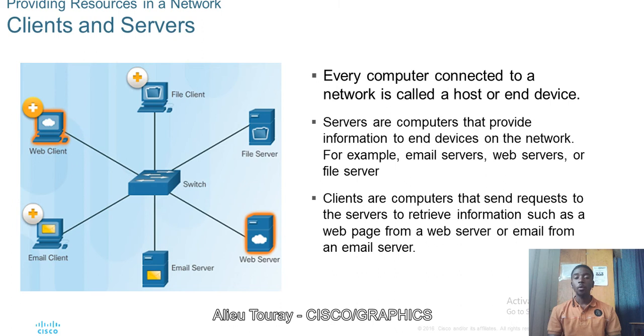The client and server model network is very important, where you're going to have two devices connecting, or you can have multiple devices connected in the network, but in that format, the device that is providing service is referred to as a server, and the device that is receiving services is referred to as the client. Let's say, for instance, this is the web client, this is the web PC, and that is the web server.